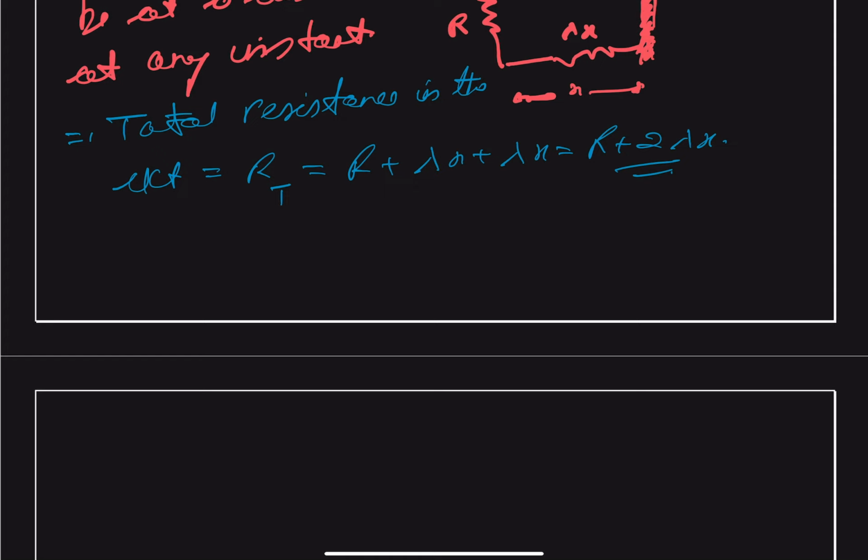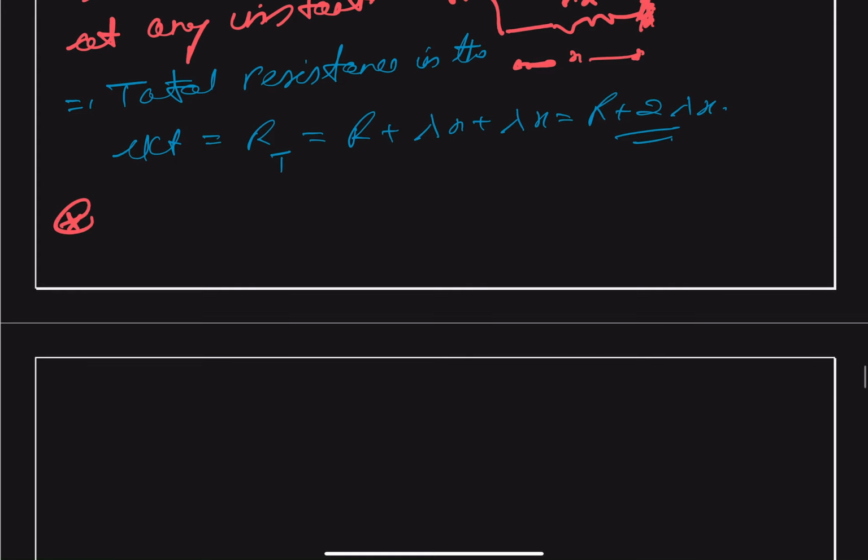Now we can use simple Ohm's law to find out the current in the circuit. The current in the circuit is given as I is equal to E upon R. The induced EMF we already know is B v d, and this R is the total resistance RT, which we found is R plus twice lambda multiplied by x.